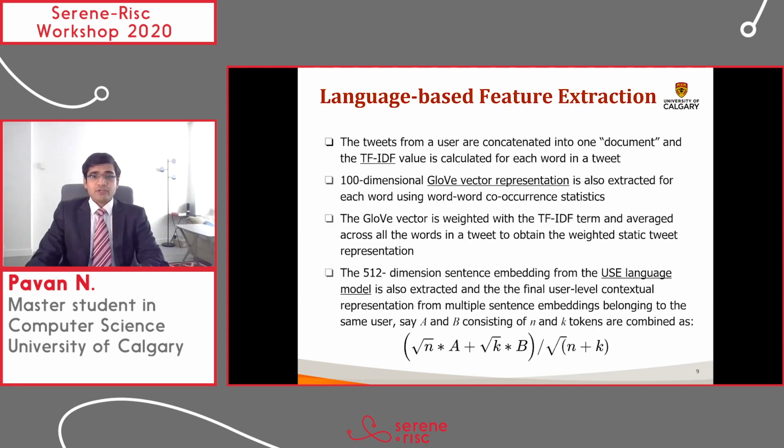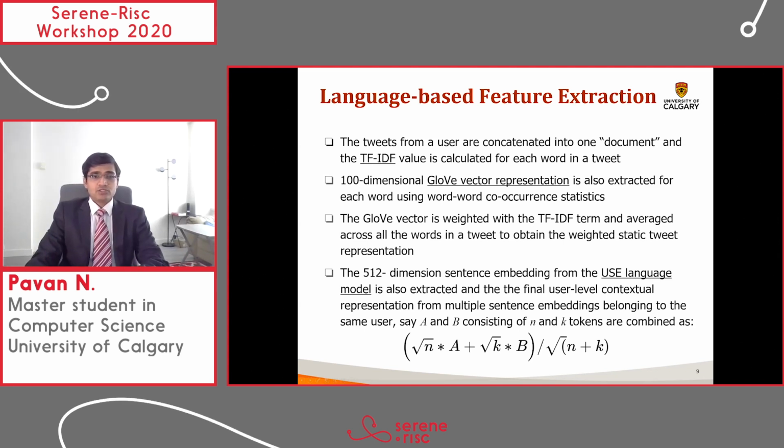So in our proposed language-based feature extraction, we use the tweets from a user as the text or the information that we're trying to use for our classification. Each word is converted to a vector format. For that, we use one of the frequency-based terms, which is TF-IDF, which is calculated for each word within a tweet.